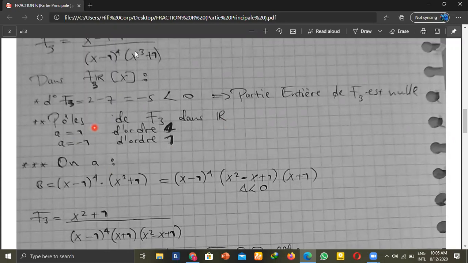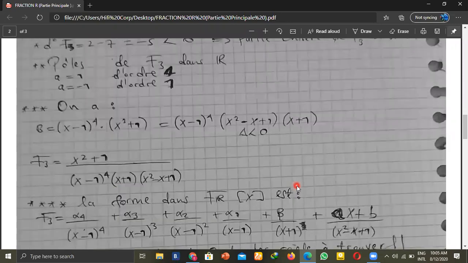So you have to check first, is your B decomposed in R before you do the decomposition of a fraction. So our B goes to x minus 1 to the power 4 times x plus 1 times x squared minus x plus 1, and the degree of this is less than 0. So my B is fully decomposed in what? In R.